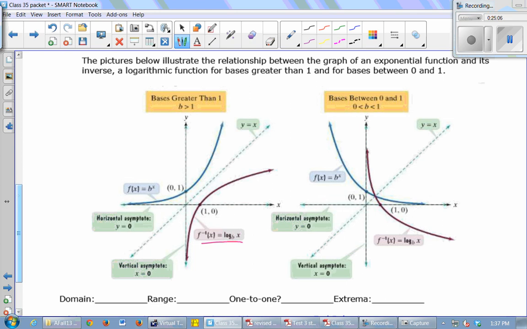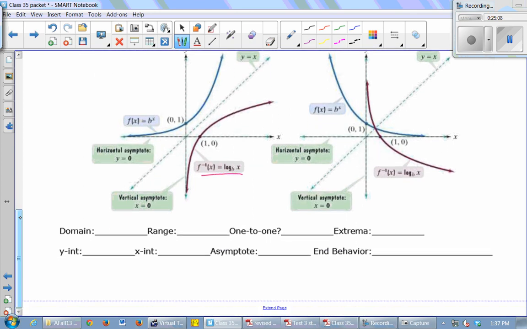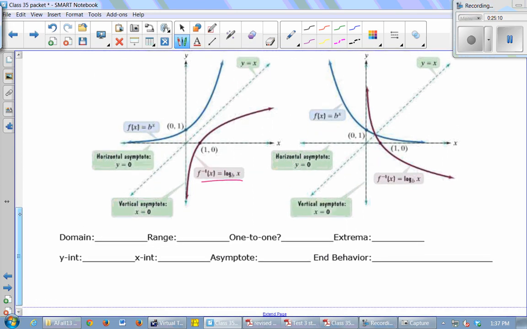All right, so looking at both of these, we're looking at the pink graph, just the pink graph in both of these pictures. What is the domain of the log function? Looking at both, it approaches the y-axis as an asymptote, never crosses. 0 to infinity, not including 0 because it approaches this y-axis.